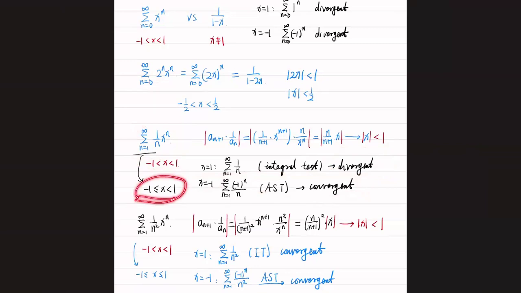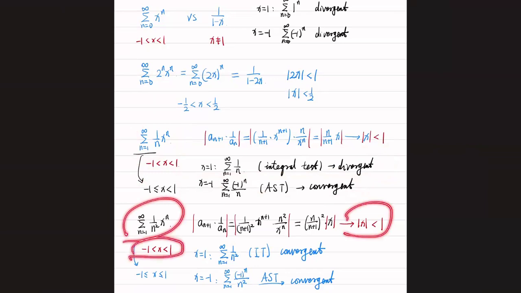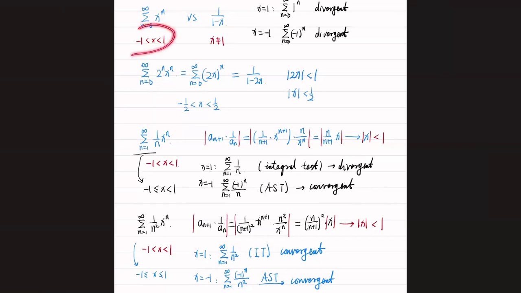It includes this one endpoint. The last one, we found the same interval of convergence. However, after we checked the endpoints, we found that they are convergent at both endpoints. So the interval of convergence now includes both endpoints. Three different situations about the endpoints: the interval may include none of them, may include one of them, and may include both.